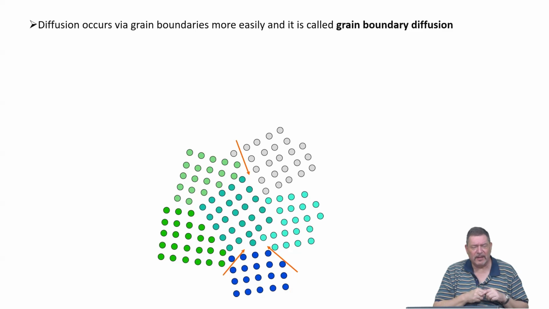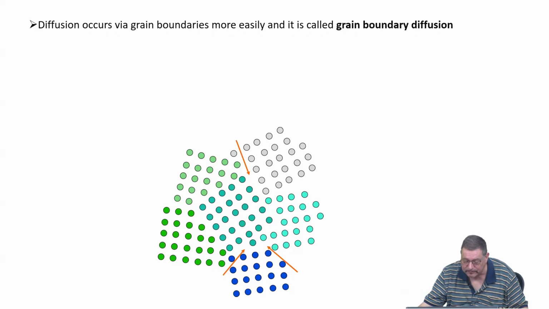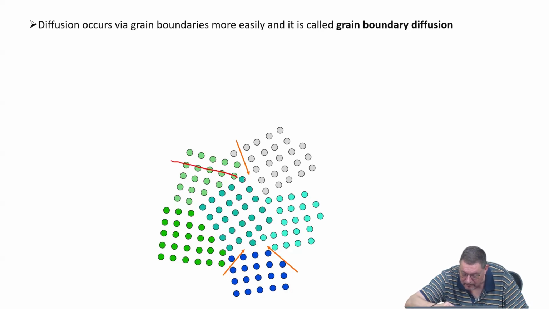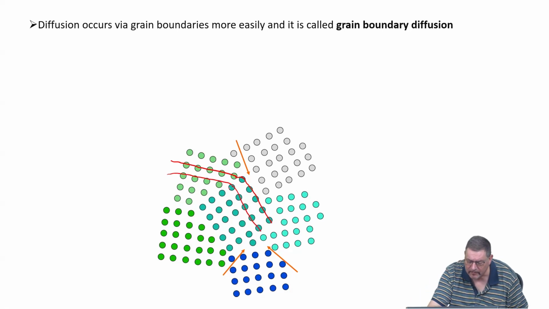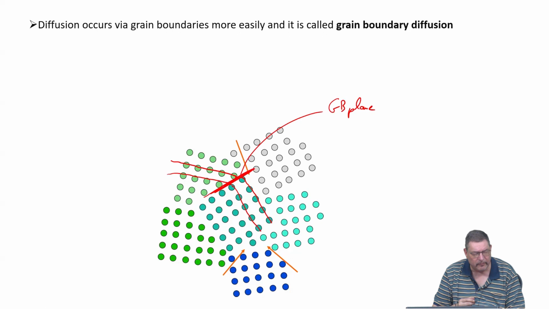Okay. Maybe I can even use it here. When we have boundaries where we have a grain boundary plane defined like this, and we have two grains coming together, like green and blue.